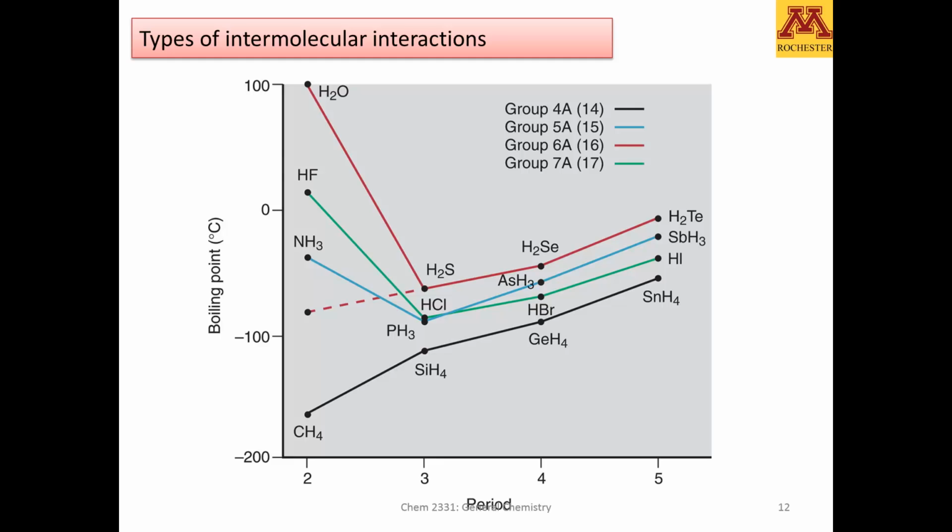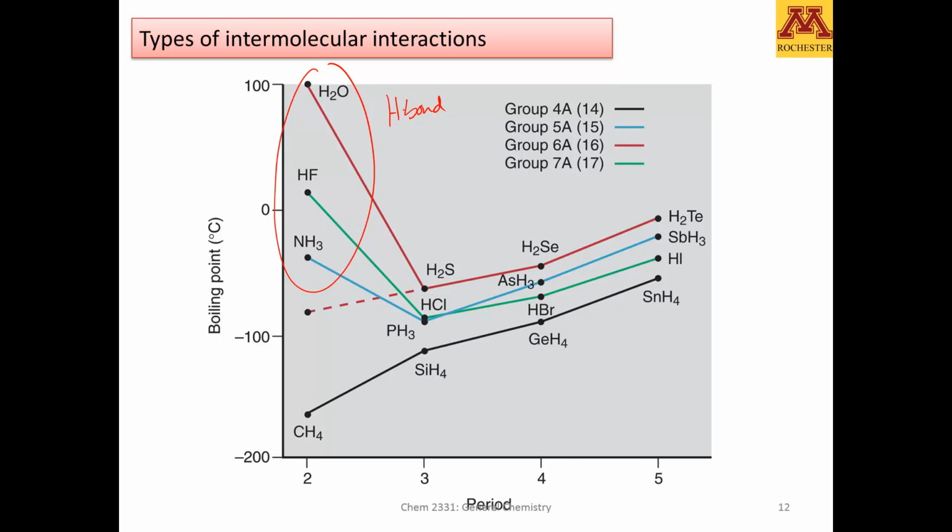So you will see very often this kind of graph, and it's just for you to memorize a little bit that these are the hydrogen bonds. What you're seeing here is the boiling temperature of hydrides.